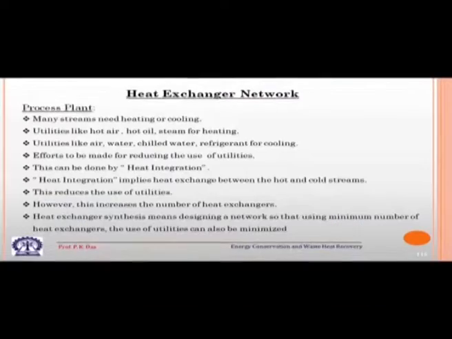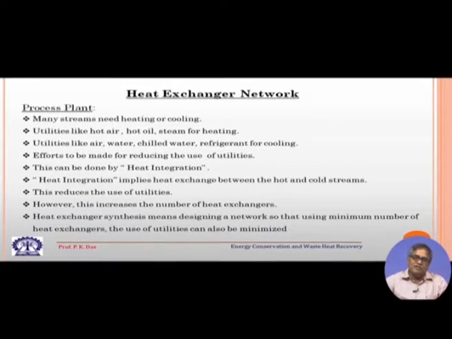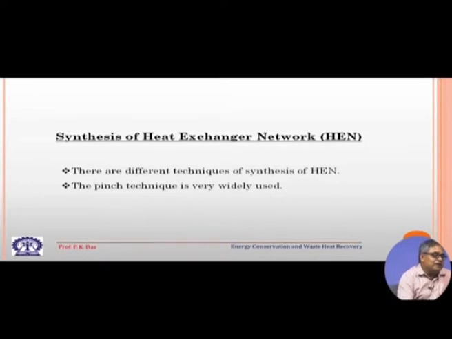So, we have to make some sort of a balance between this running cost and the capital cost, or initial investment cost, so that we can ultimately have a profitable plant from where we get the product at the lowest kind of production price. So, this is the target of our heat exchanger network analysis, or heat exchanger network synthesis.